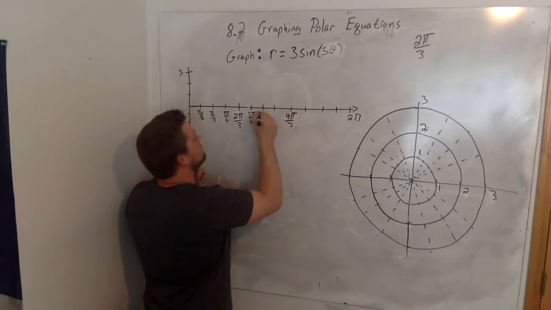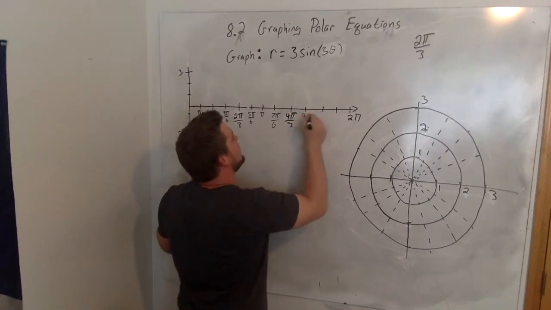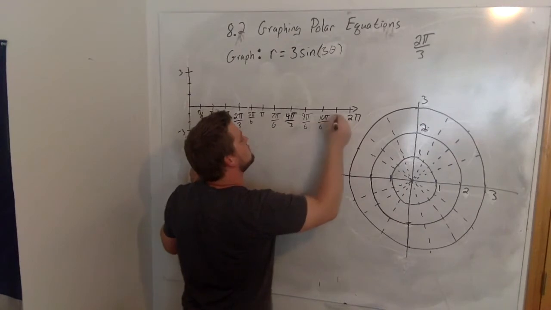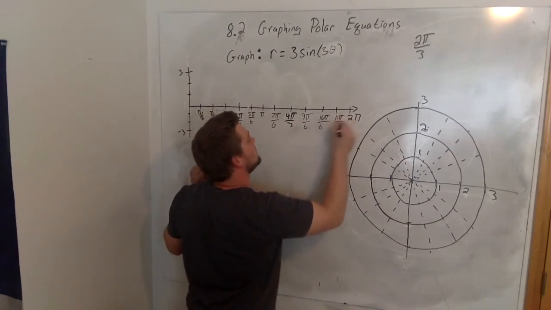This will be 6 pi over 6, or pi, then it'll be 7 pi over 6, 8 pi over 6, 9 pi over 6, 10 pi over 6, and 11 pi over 6.